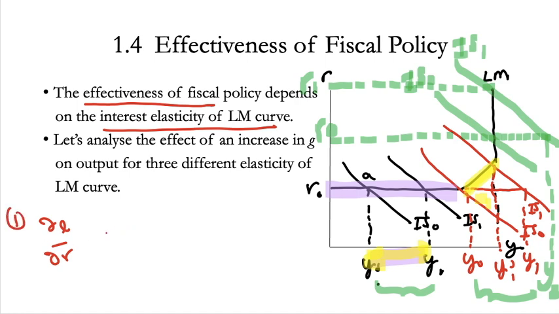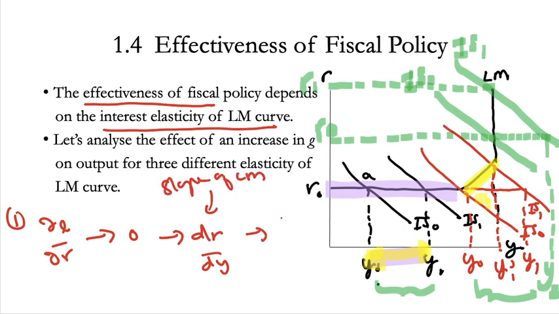What happens if delta L over delta R approaches 0? What happens to dr over dy? This is the slope of LM. And then what happens to the fiscal, government spending multiplier?